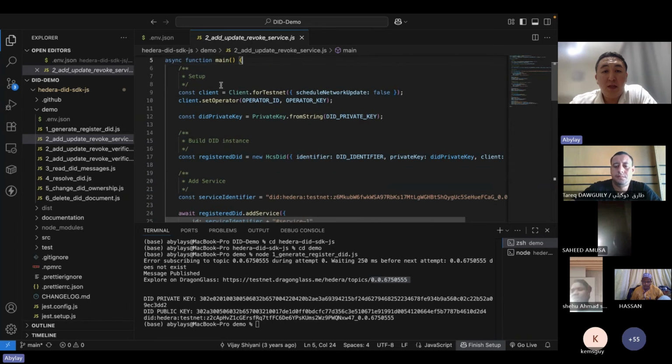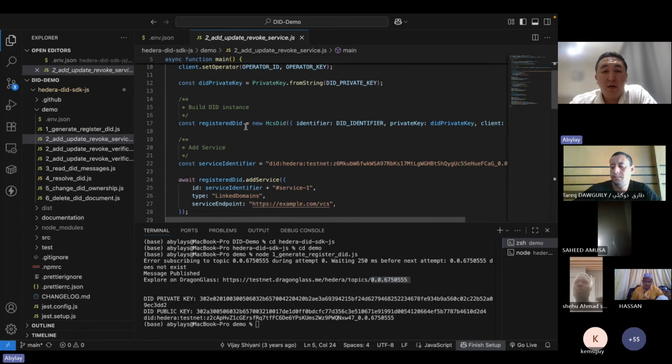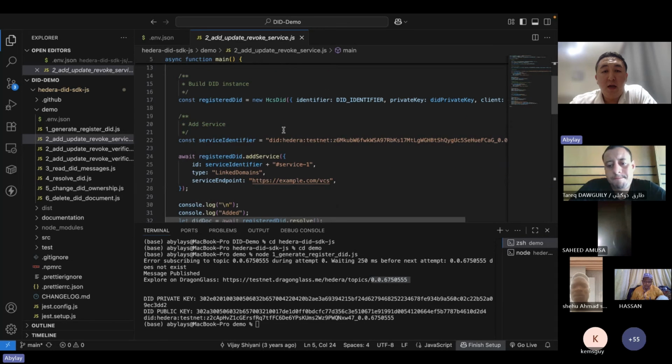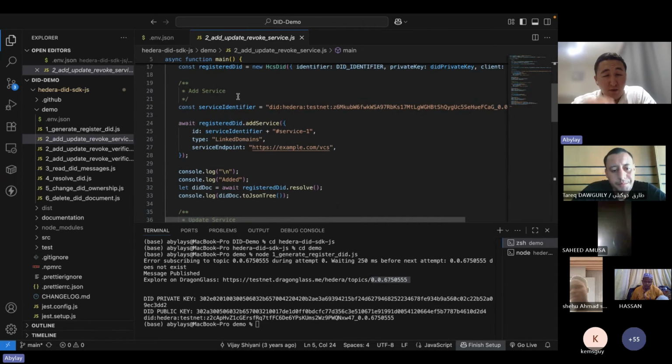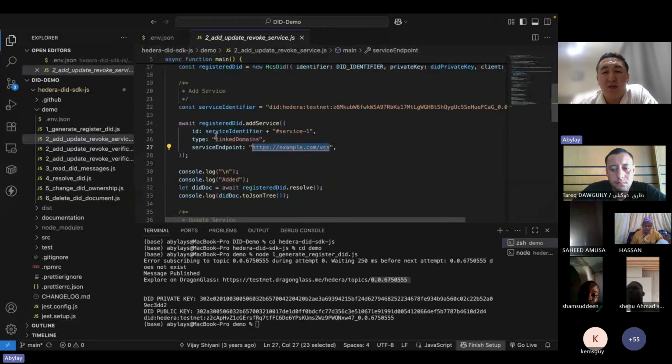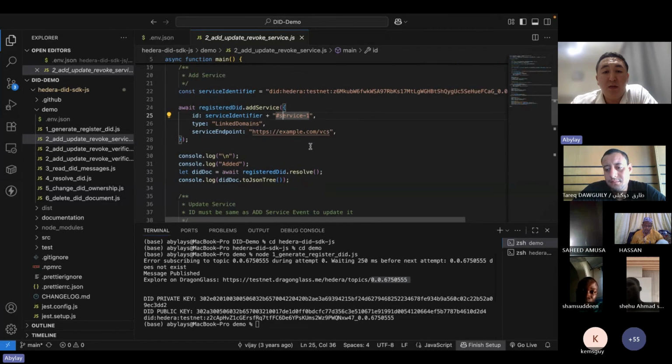You set up your client similarly, build the DID instance again, and we are adding this service. Service endpoint is just a URL. For example, you can attach some URL to your DID. I put just example.com, but you can link any domain, and it would be shown in your DID.